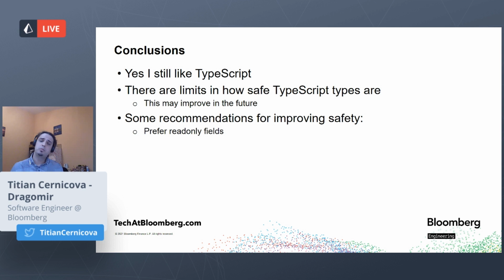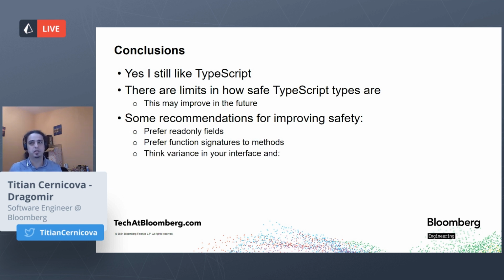First recommendation would be prefer read-only fields, right? We saw that read-only fields relate covariantly, and that is safe. Mutable fields relate covariantly, and that is not safe. Prefer function signatures to methods. We saw that method signatures are always bivariant, while function signatures do actually respect variance more closely.